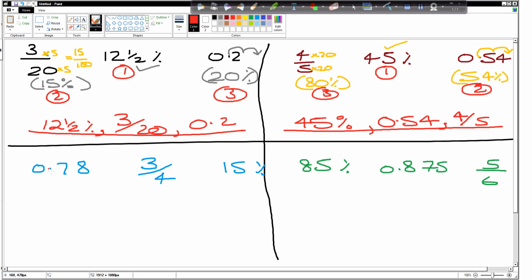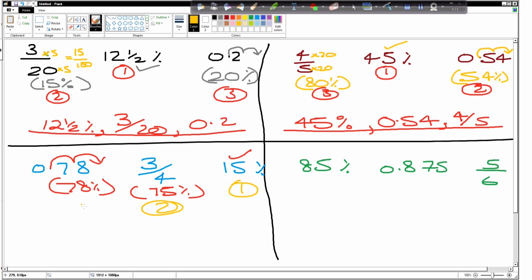This one here. So 0.78 times that by 100. So that gives you what? 78%. That's in brackets. 75%, that's good. 3/4, we should really know what that is. 75%. Now we can number them. Smallest is. And the next one. And the last one. Okay, let's write the answer down. So the first answer is, it actually is 75%.